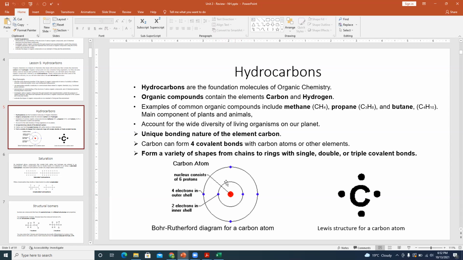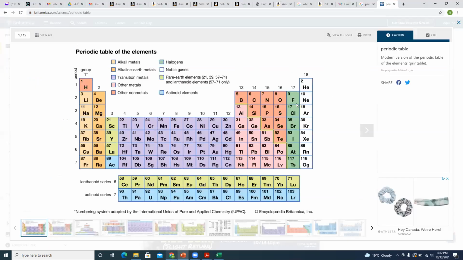Remember, this is the 1s shell, where n is equal to 1. Then in n equal to 2, you get 8. So the next 4 go in this outer shell. That means carbon has 4 electrons in its outer shell, which is the information we can also get from it being in group 14 or 4A.